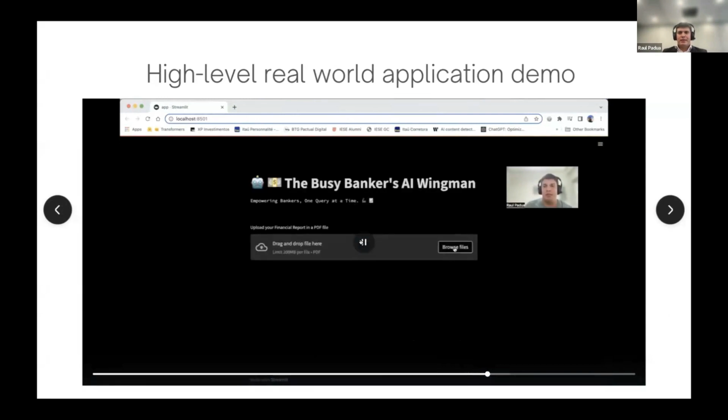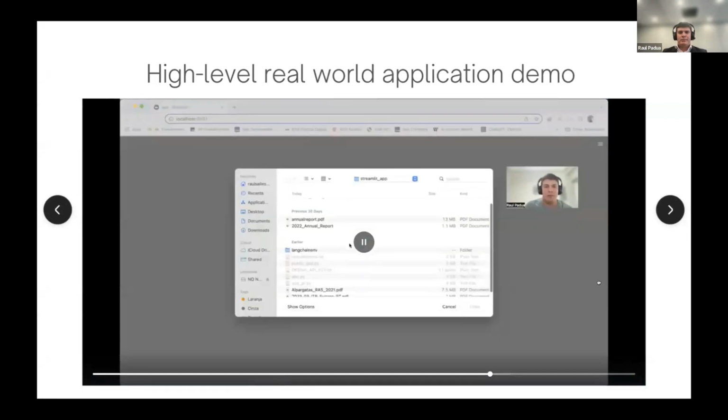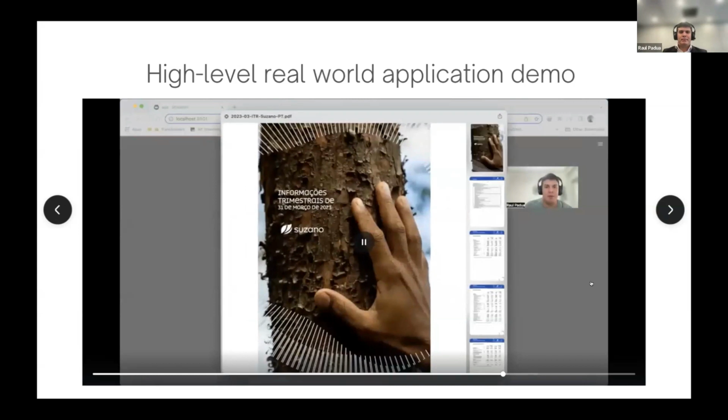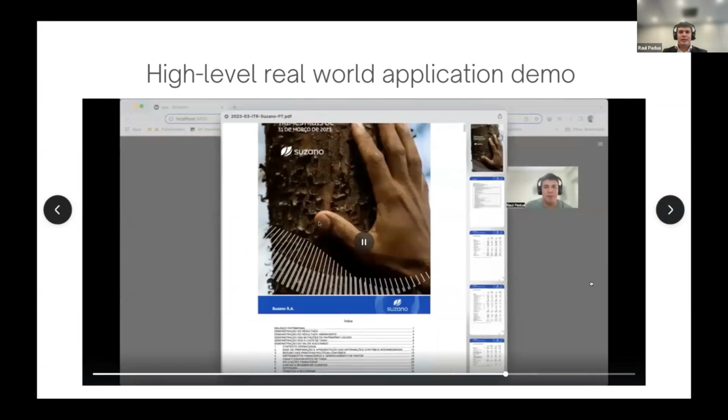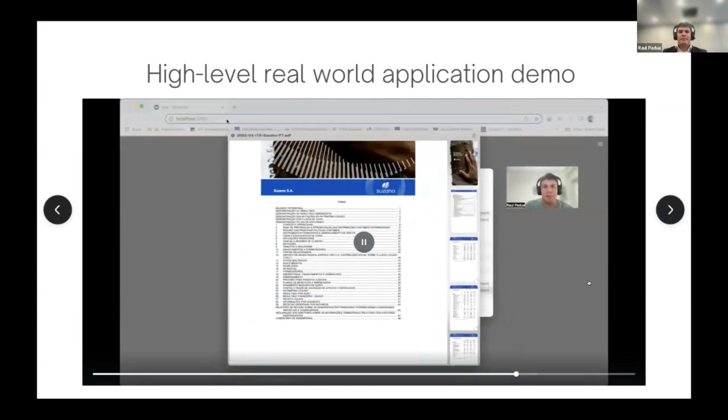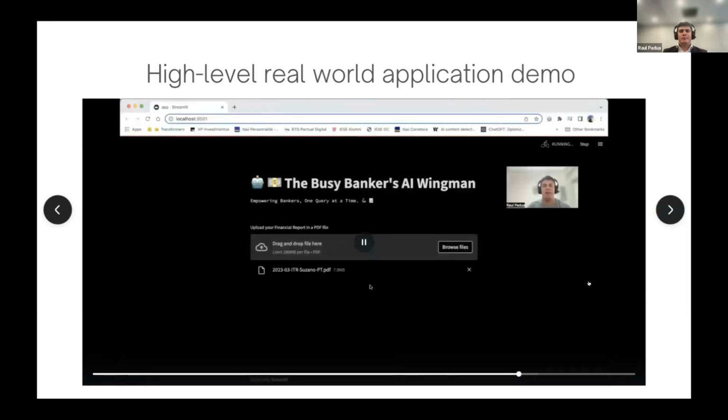So let me open up one last document, about the Brazilian country that I'm from. Here we're talking about a paper and cellulose company named Suzano. Let's prompt this document.